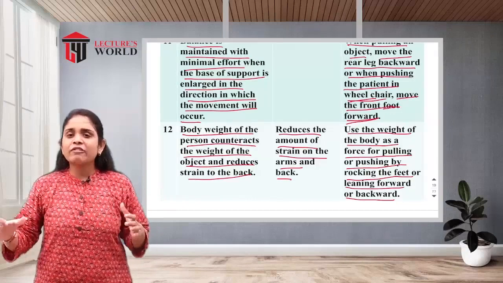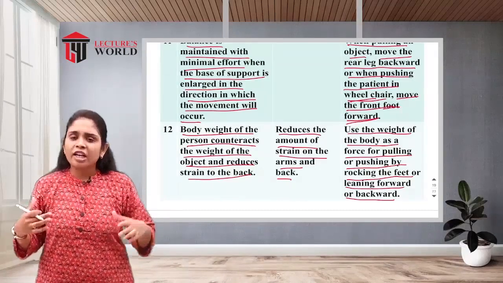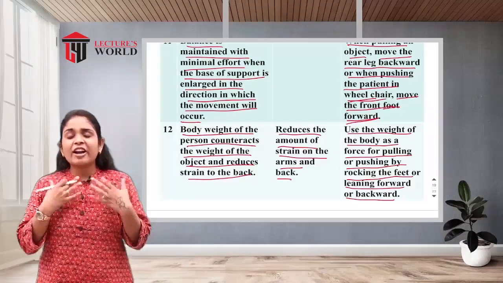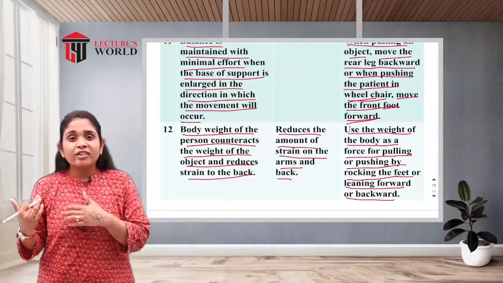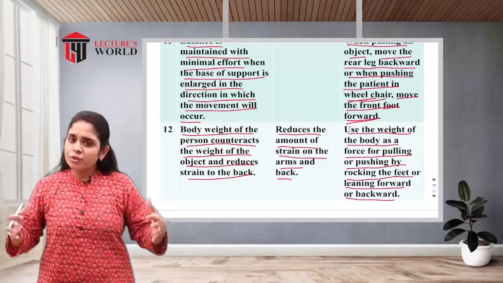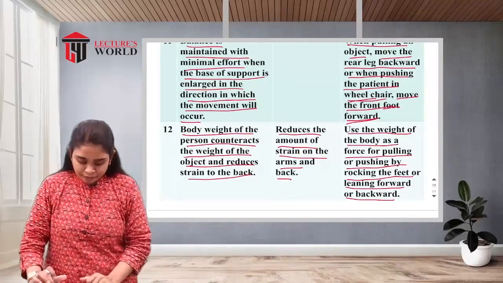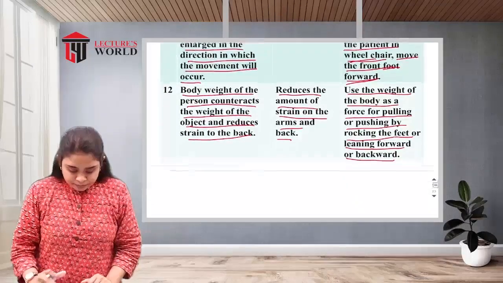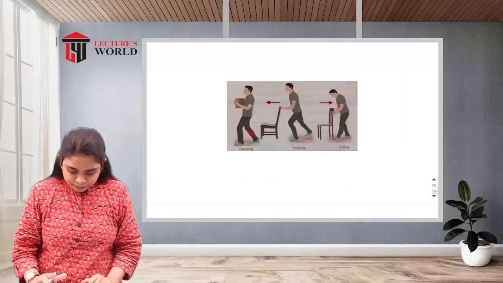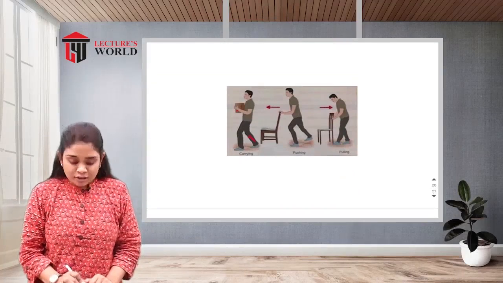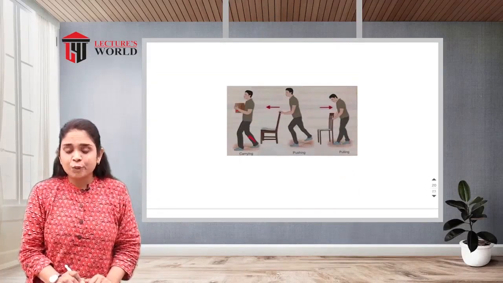If you're using only one hand and not the other, then every load will come on the right hand only. So if you're using both hands properly, no strain will be there. Here you can see this person is lifting this article, and they are using both hands equally.